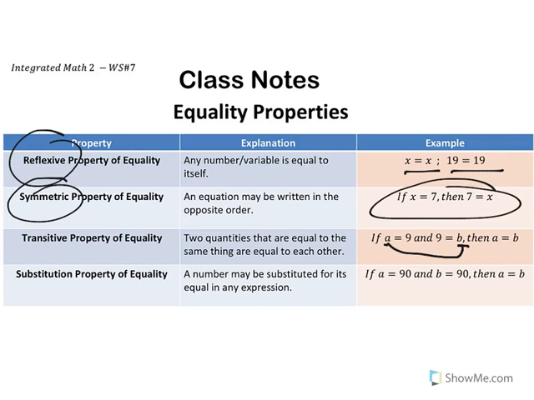Substitution property: a number may be substituted for each equal in any expression. So if a equals 9 and b equals 9, then a equals b, or we can use substitution. For example, if a equals 90 and we say a plus 3, then we can substitute 90 for a, giving 90 plus 3.